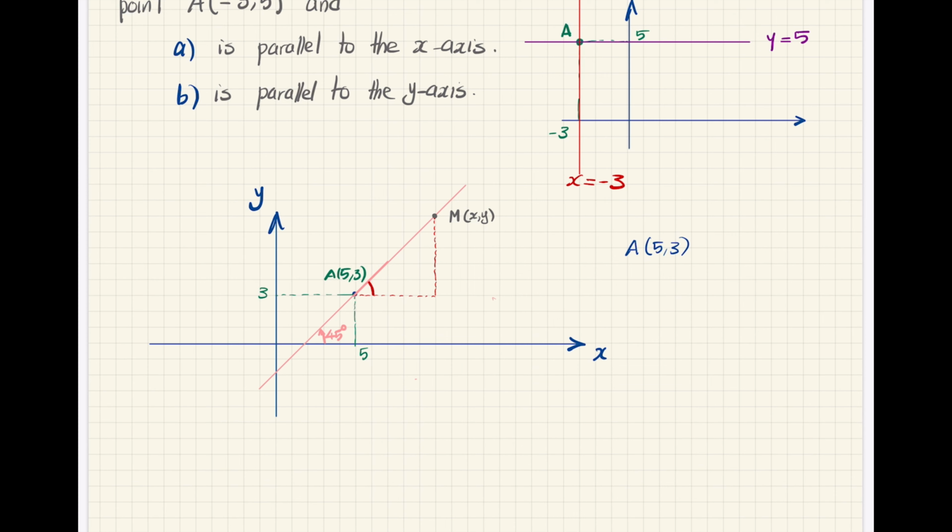Do you remember what was that theorem that we had in geometry? First of all, what is this angle, everyone? It's 45. But what was the theorem? The theorem, if you remember, was two parallel lines and a transversal. Yes?